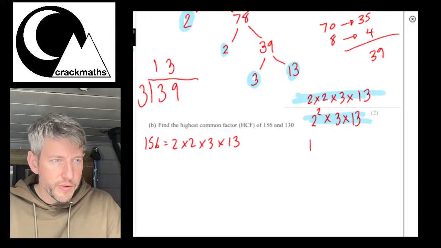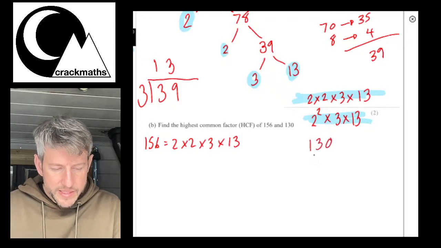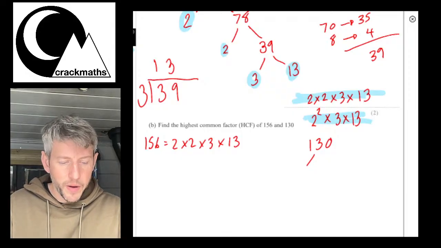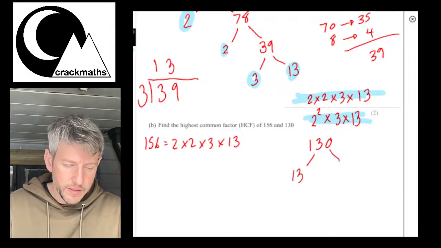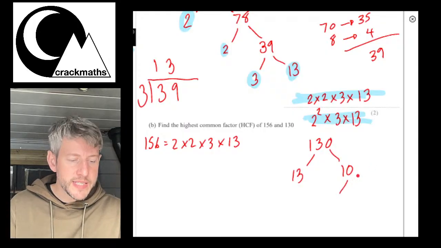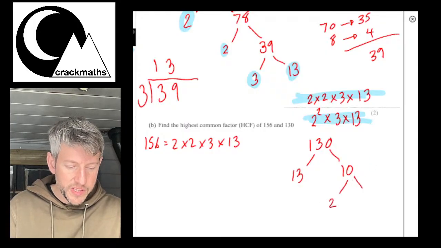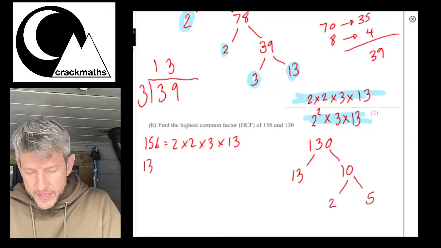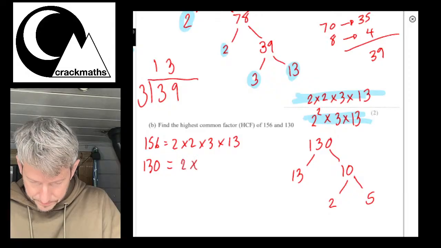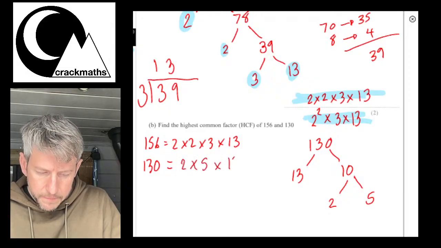And then let's do 130 over here. So 130 equals, well, I'm just going to go easy this time. I can see it's going to be 13 and 10. And then 10 can be divided by 2, which gives us 5. So 130 equals 2 times 5 times 13.